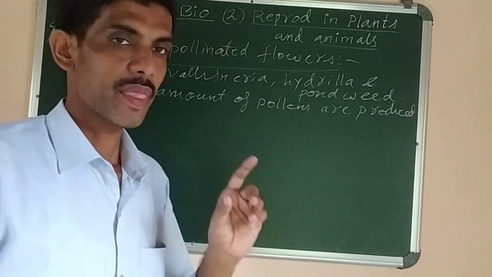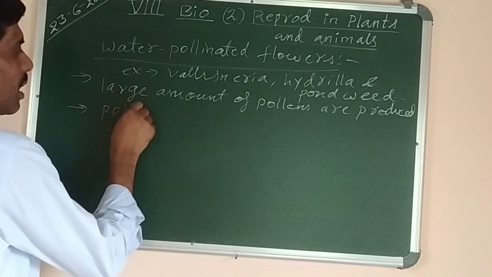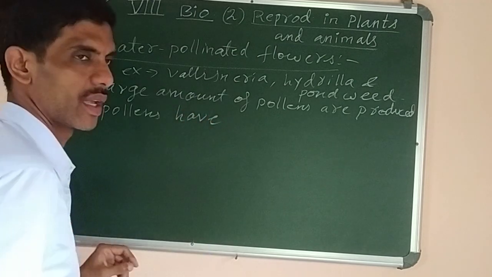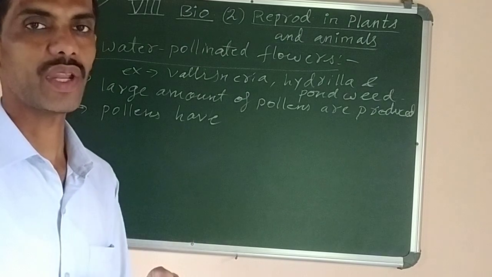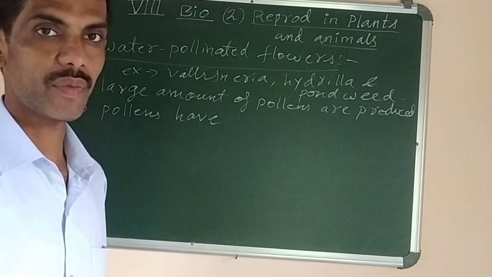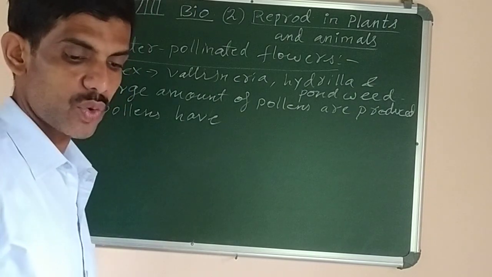Number two, the pollens have a waxy coating. Why is the waxy coating there? Because the pollens have to remain in water. They should be protected from the aquatic medium, that is the water. That's why the pollen grains are large in quantity.